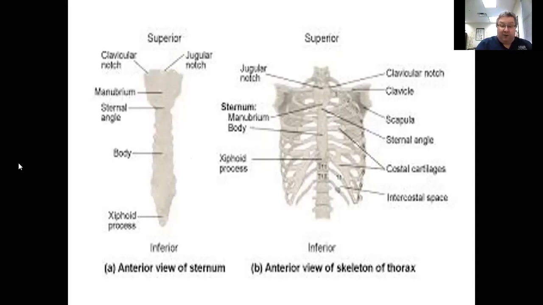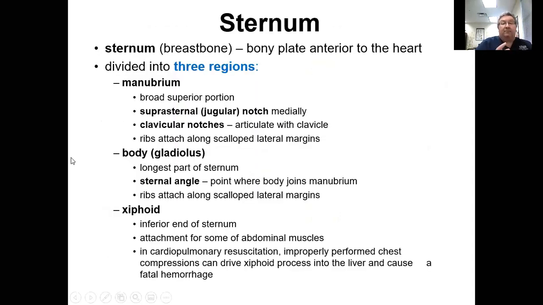I'm going to go back a notch, hopefully. So again, the manubrium has the jugular notch, that's the medial notch, and on both sides of the manubrium, it has the clavicular notch. In between the manubrium and the body is the sternal angle, which is where the body and the manubrium join.